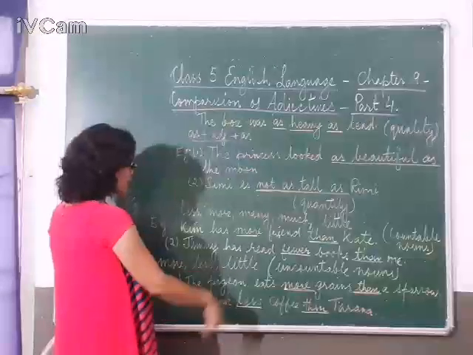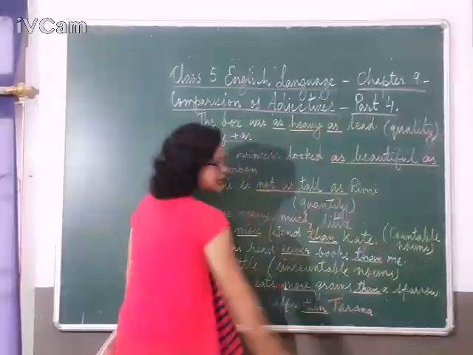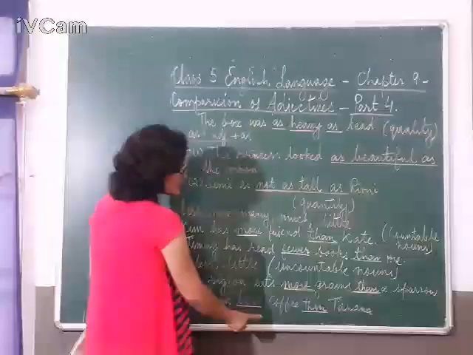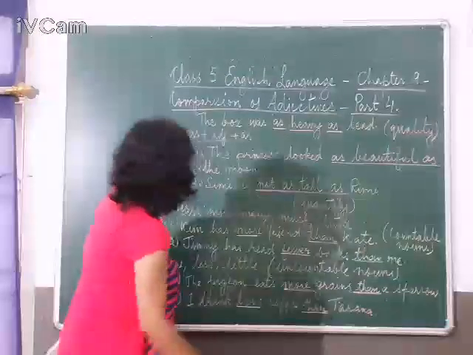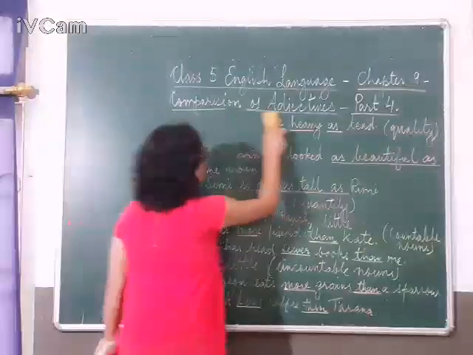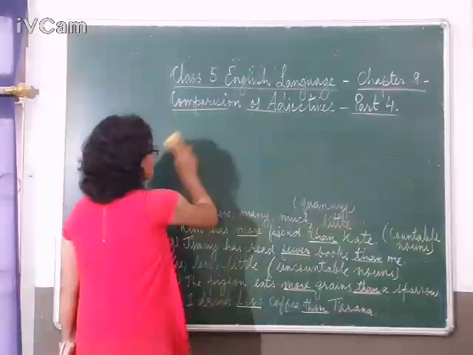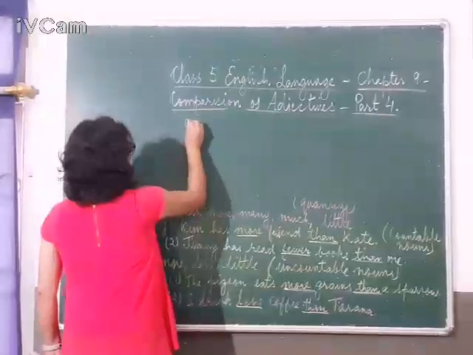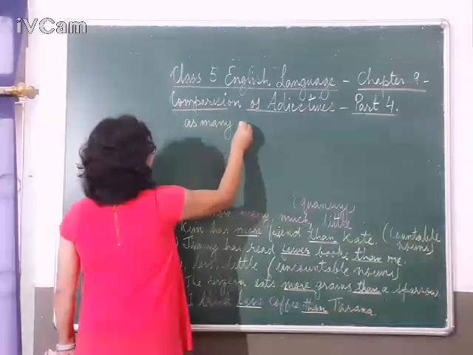Alright, now the words less, more, many, much, little. How do we use them? More and fewer we use when the sentence has countable nouns. We use more and less than when we talk about uncountable nouns. Now there are other words like "as many as."